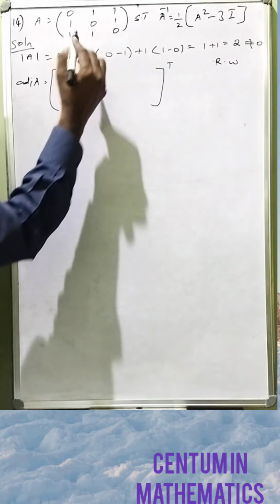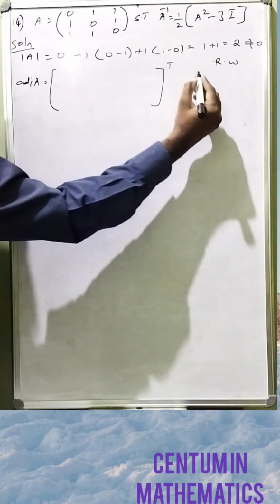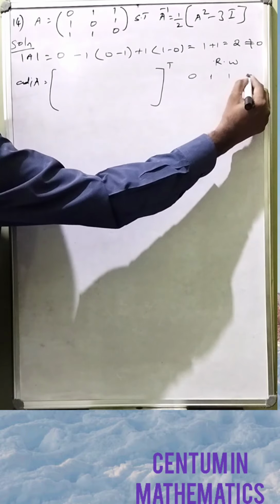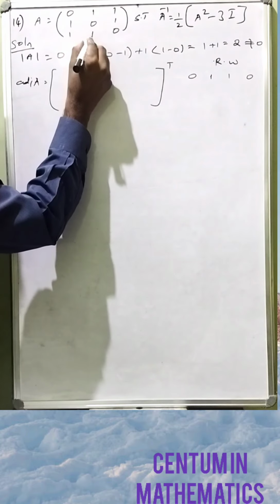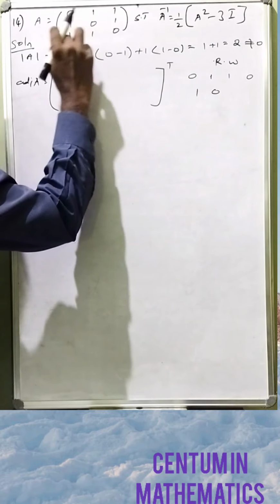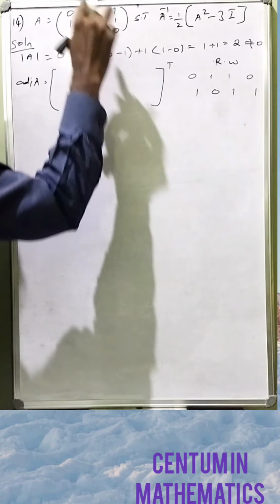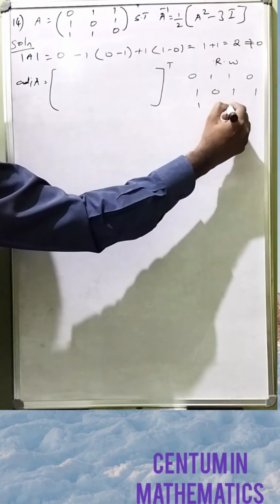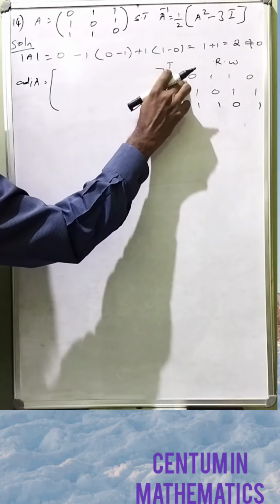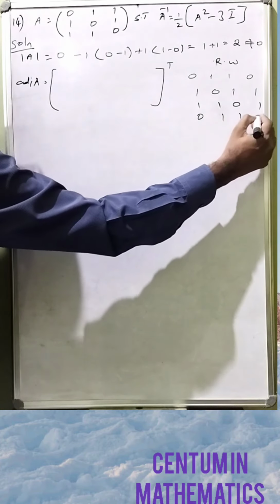For that, here we start: second row, second element 0, 1, 1, 0. Then third row, second element 1, 0, 1, 0, 1, 1. First row 1, 1, 0, 1. Then once again write the first row one more time: 1, 1, 0.